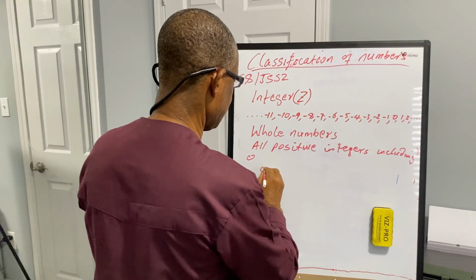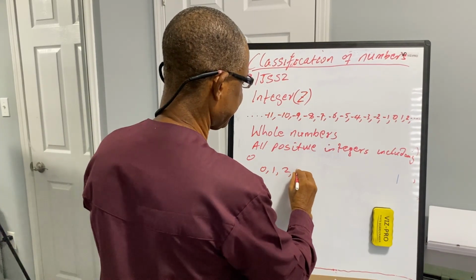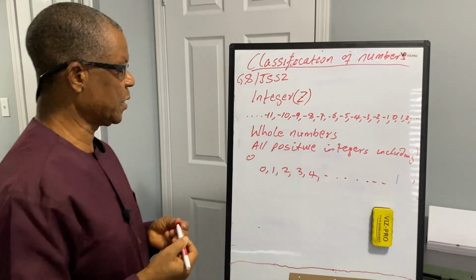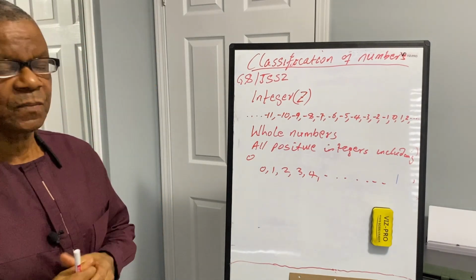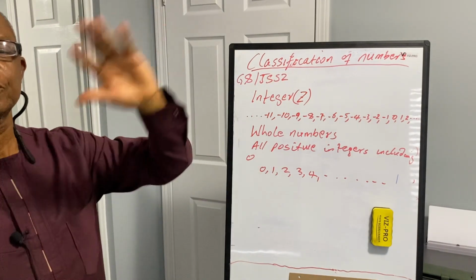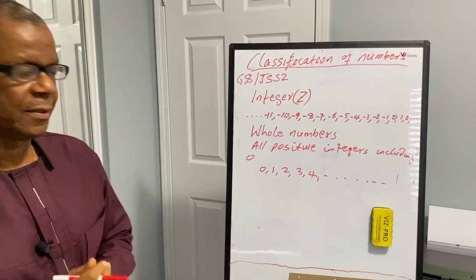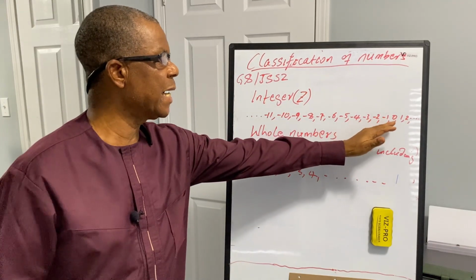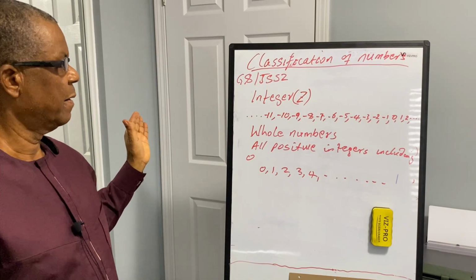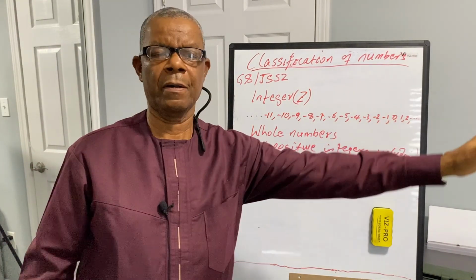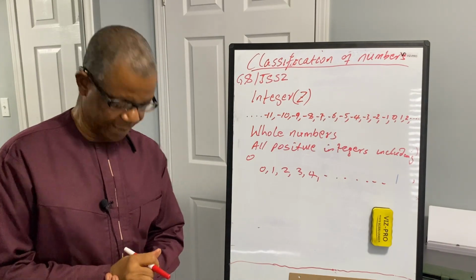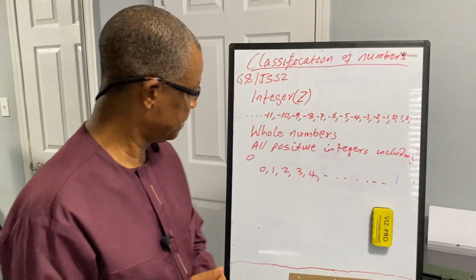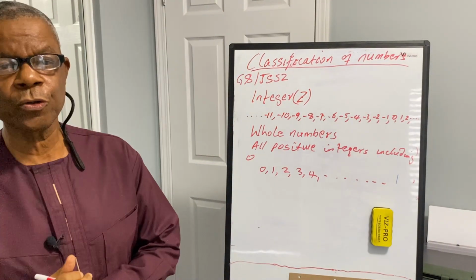That means 0, 1, 2, 3, 4 to infinity. These are what we call whole numbers. You can say from 0 to infinity. The positive. You can see the difference between whole number and integer. Integer included the negative, but whole number start from this 0 or positive. Remember that 0 is neutral. It's neither positive or negative. This is for whole numbers.